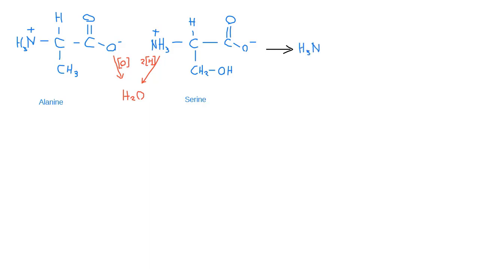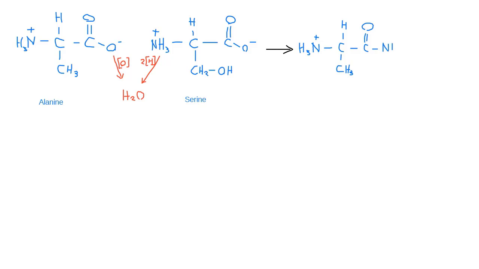H3N plus, a carbon, CH3, H, C double bond O. But then instead of being connected to the oxygen, because the oxygen's gone, it connects itself to the nitrogen in the middle.